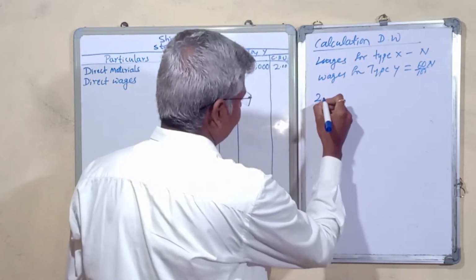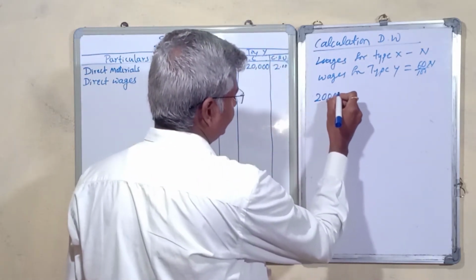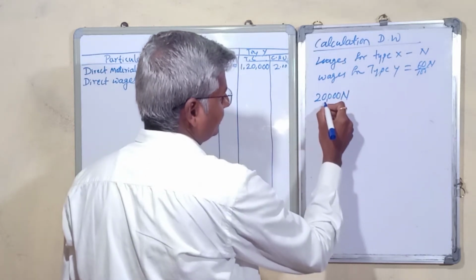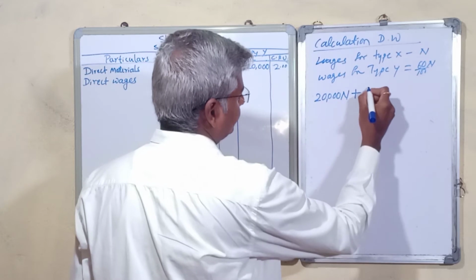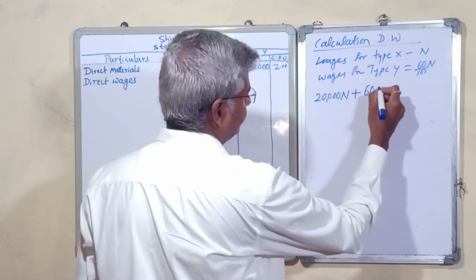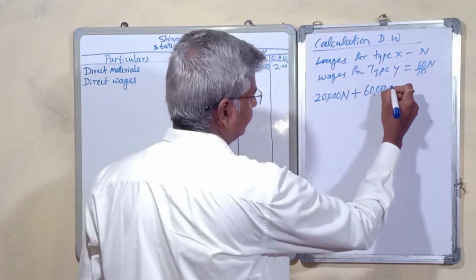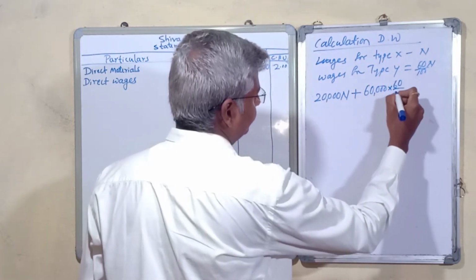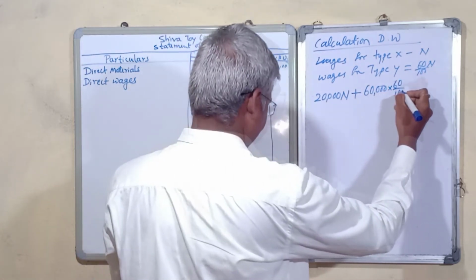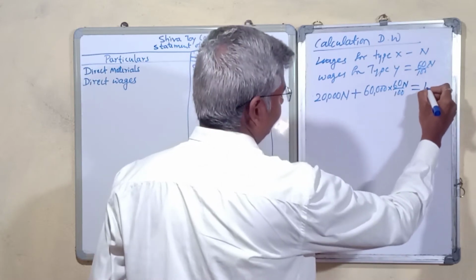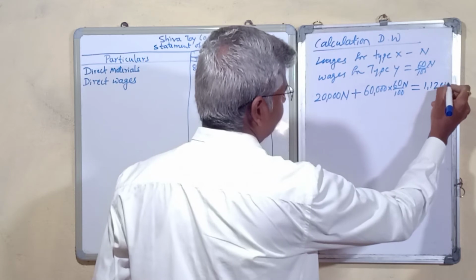Then I'll take here, as we produce 20,000 of article X plus 60,000 of article Y, into 60 divided by 100 N equals, we have a total of 1 lakh 12,000.